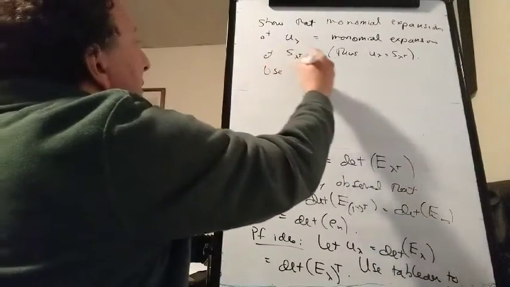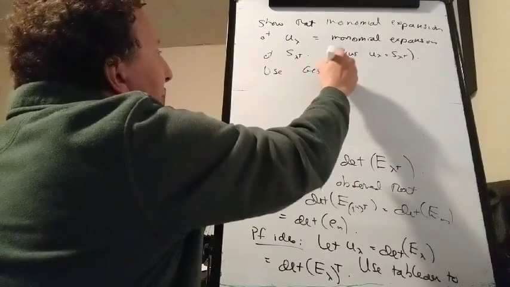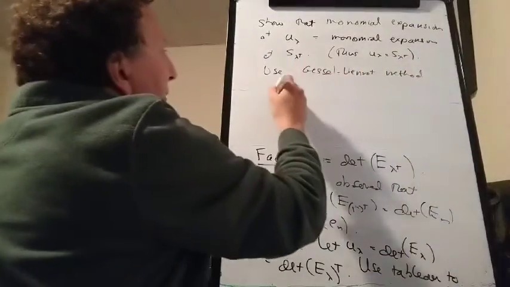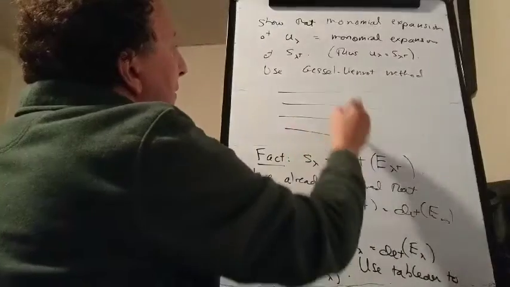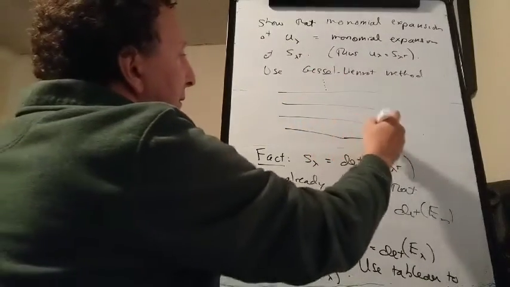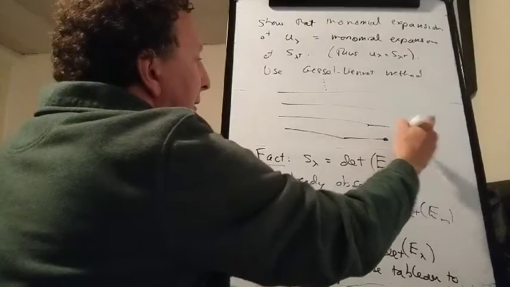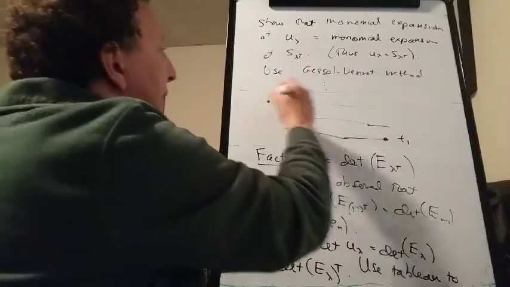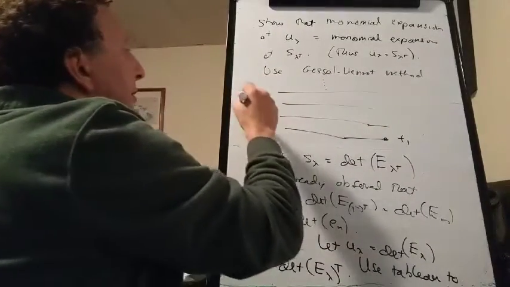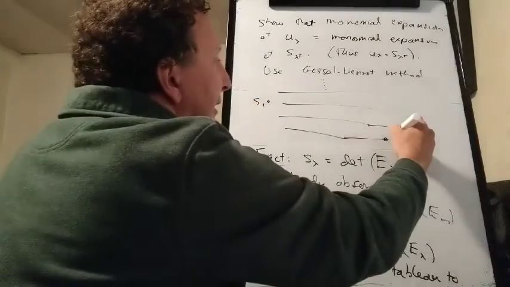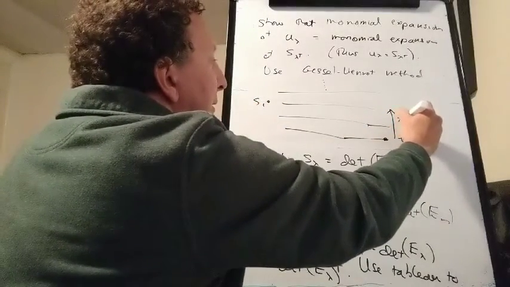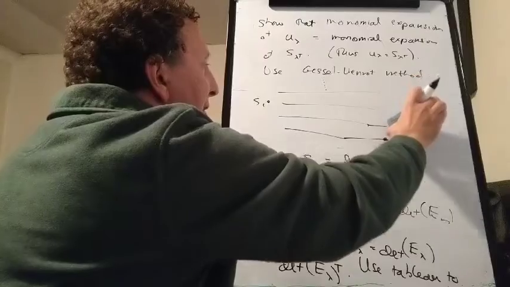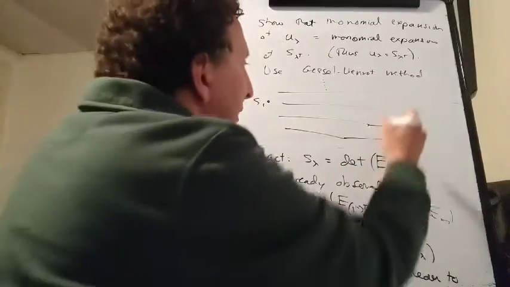And to do this, you can use the Gessel-Viennot method of having a planar network. And we can position a first source on the left exactly lambda 1 above the first sink. Actually, maybe I'll put the arrow the other way.